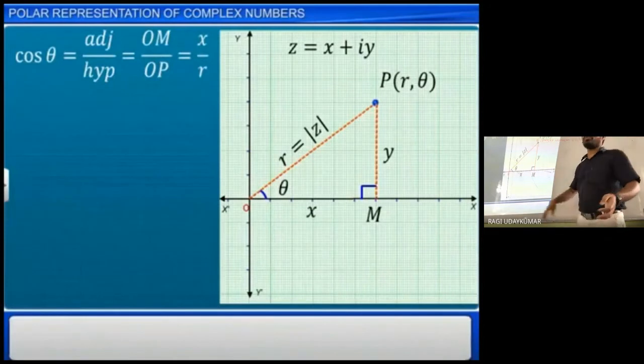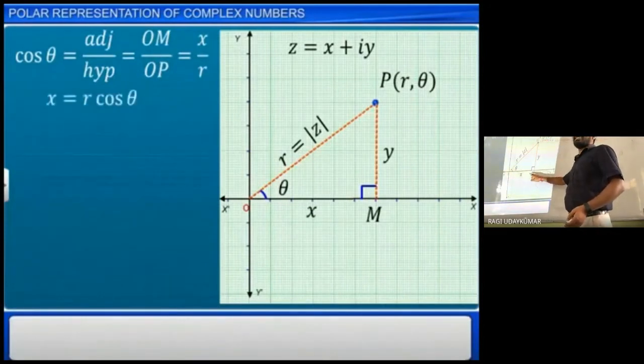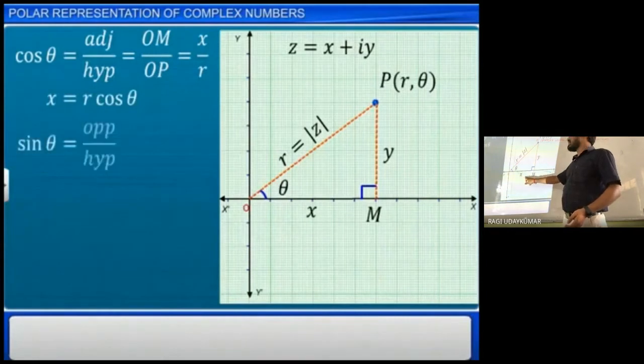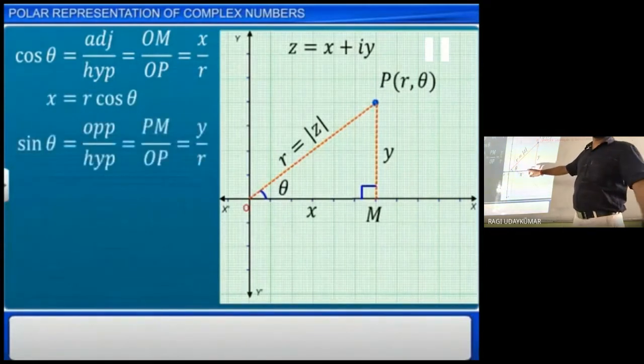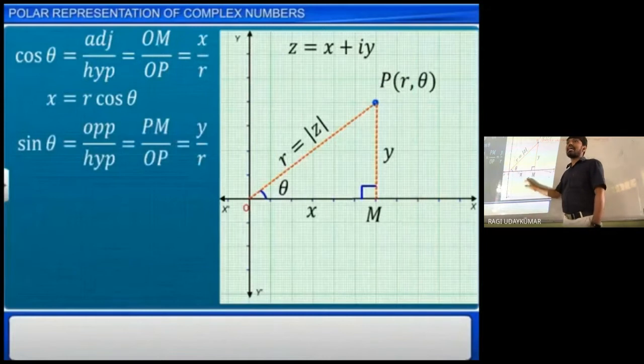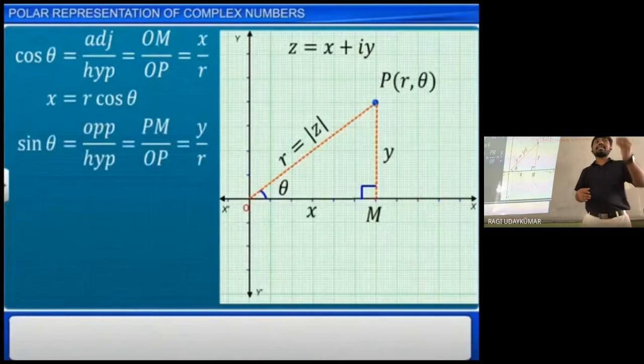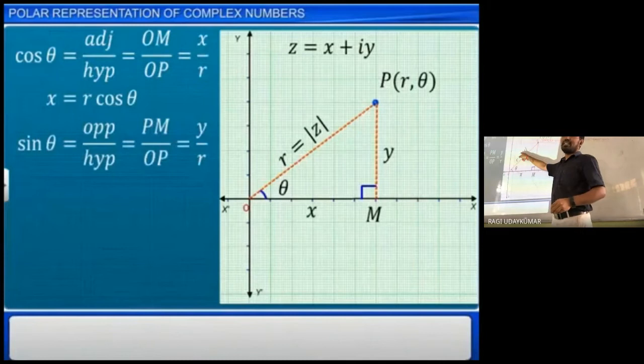The adjacent of theta is OM, which is x, so cos theta is x by r, and x equals r cos theta.